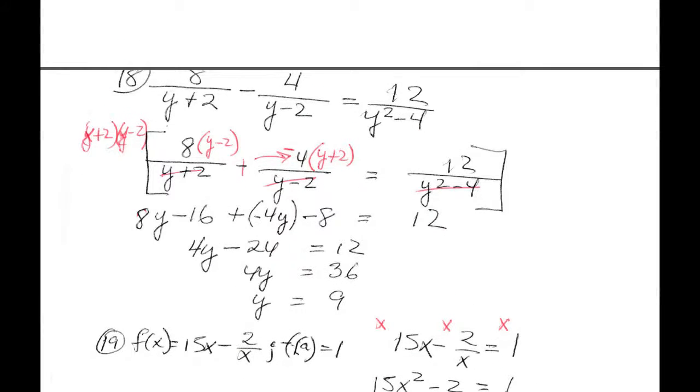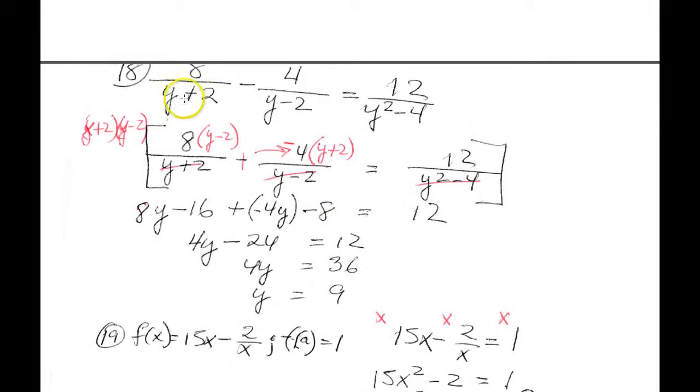Okay, number 18. Now, as we look at number 18, we see we have 3 fractions. Common denominator are y plus 2, y minus 2. That is the conjugates of these. So I multiply every term by that. Here the x plus 2's cancel out, and I'm left with that. Y minus 2 cancels out, I'm left with this.